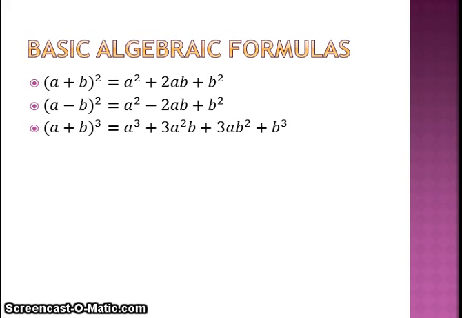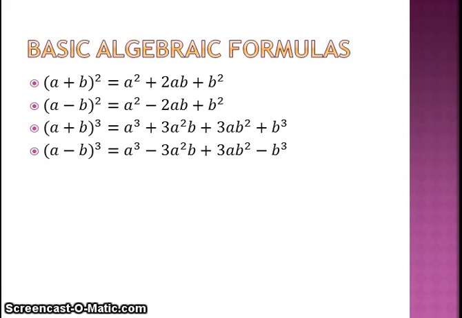All you need to do is remember the figures 1331, and the a is in decreasing power starting from 3, 2, 1, 0, and b is in increasing power 0, 1, 2, 3.